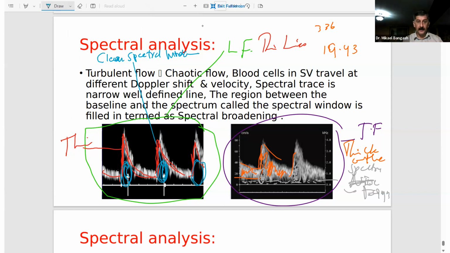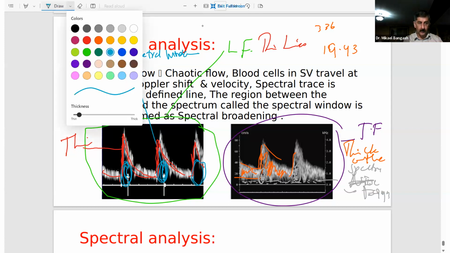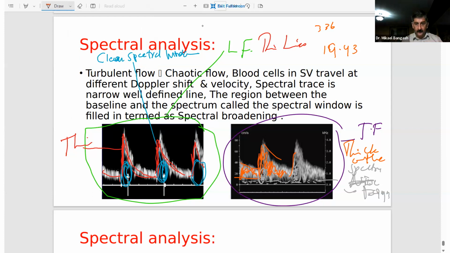Now this whole thing is the broadening of the outline of the graph. And this unclear, foggy spectral window is going to be referred to together as spectral broadening.